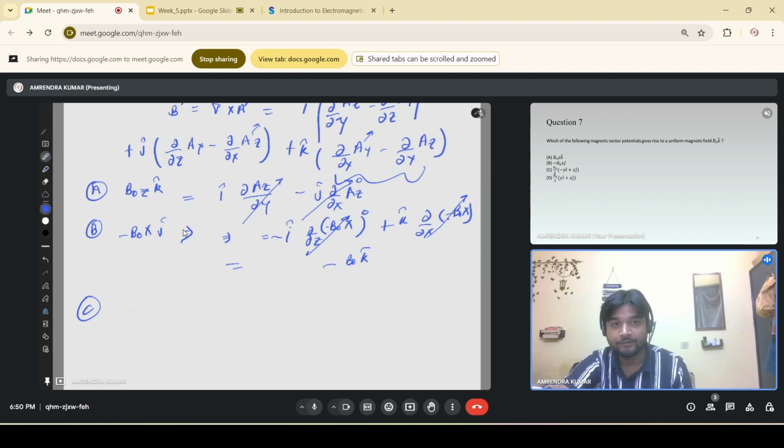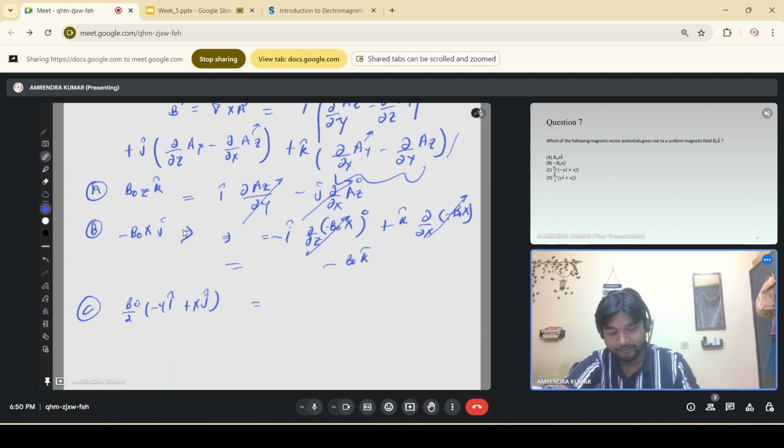The next one is B0 by 2 times minus y I cap plus x J cap. Now, when we calculate this, only the terms with I cap and J cap will survive, which means the AX and AY components will survive.